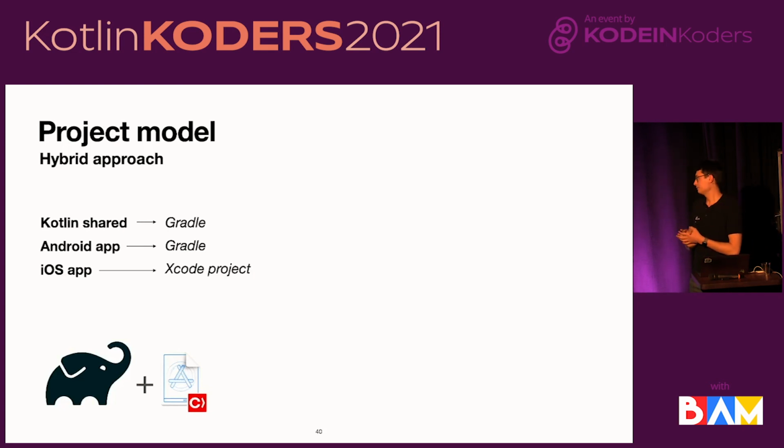You still have iOS application configured in a traditional Xcode project or in Xcode workspace. But the only current requirement, probably it could be changed because it's still under development, is that the Kotlin framework should be integrated with Kotlin or with CocoaPods.